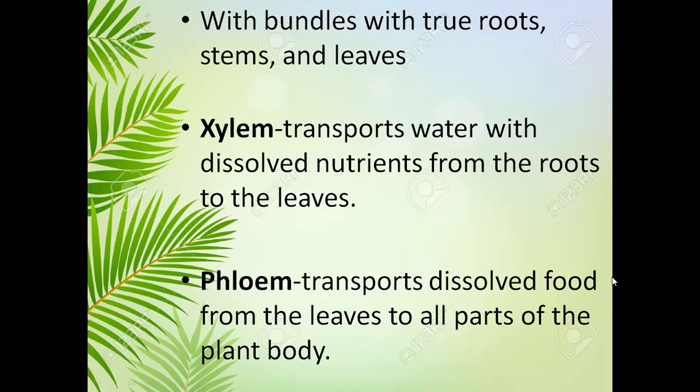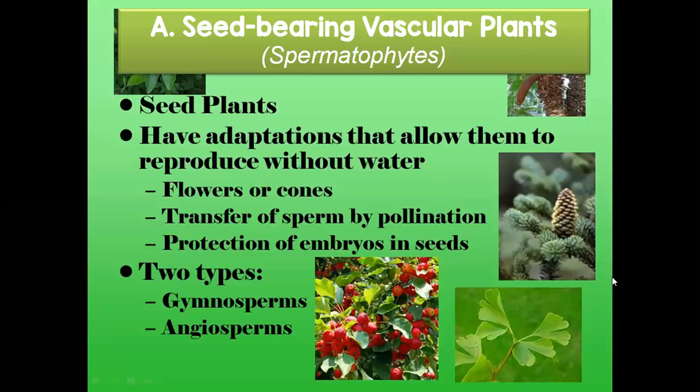All kinds of present-day plants are 90% vascular plants. The seed-bearing vascular plants and spore-bearing plants are the two big groups of vascular plants. First, we have the seed-bearing vascular plants, or what we call spermatophytes.